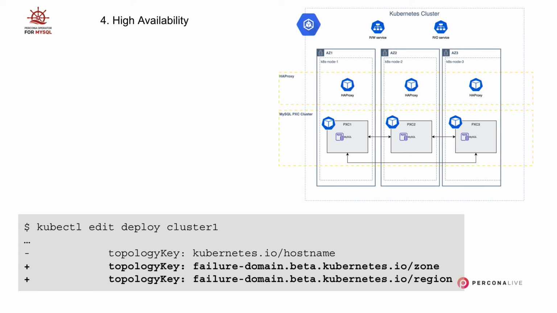That way, if you lose a single worker node, you're not going to lose your cluster. You can also change that with the specific topology key in your cluster definition in order to enforce placement of the pods of the same cluster in multiple zones if you need this type of high availability for your MySQL.